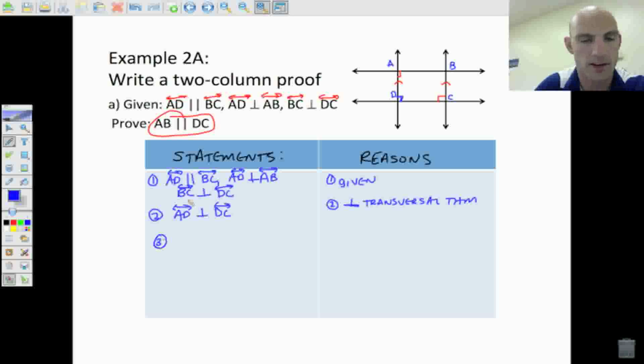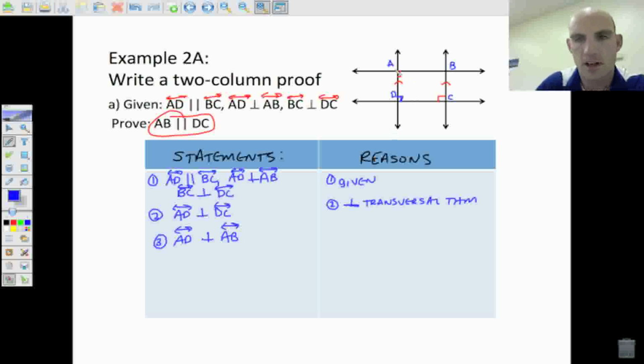So if I look at number 3. Number 3 says, here's where I'm going. DC is going to be perpendicular to, my mistake. Number 3 is going to say AD is perpendicular to AB.